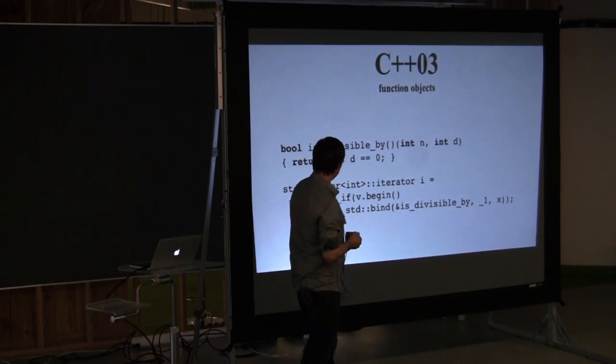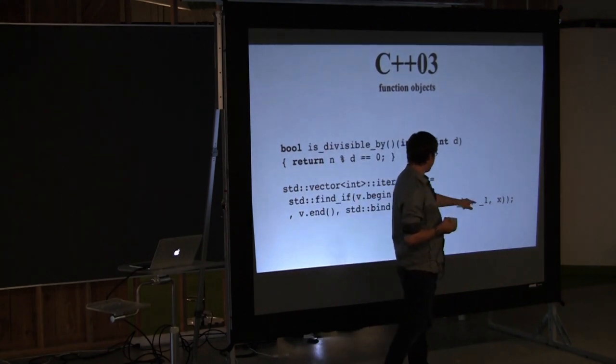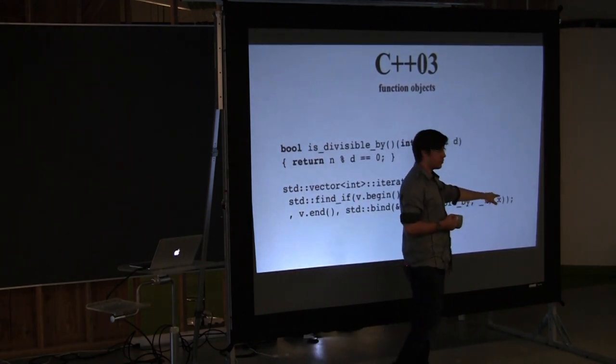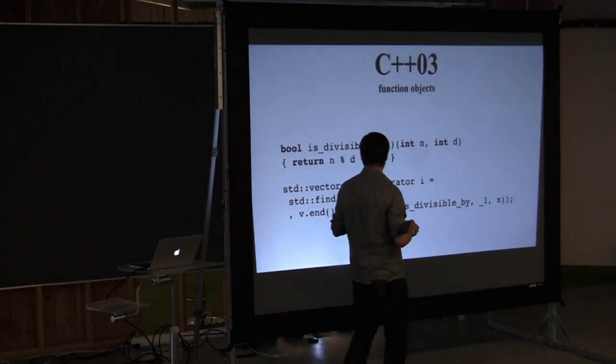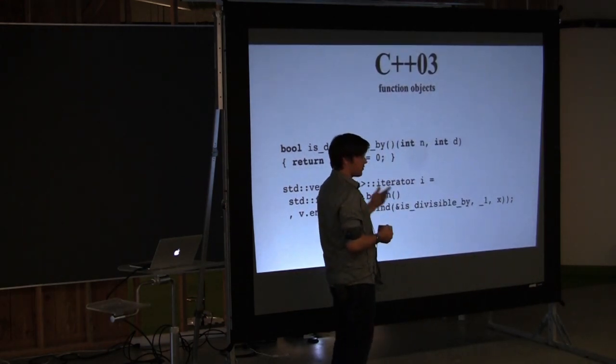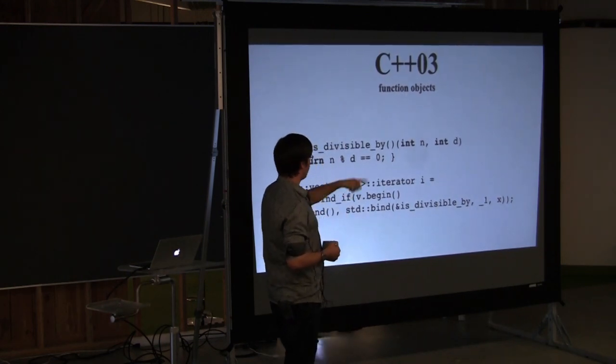And then later down here, you use bind to bind one of the arguments to a value and not bind the other arguments. So the result of this expression is another function object that takes one argument and always passes in x as the second argument.